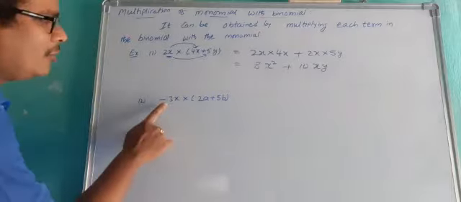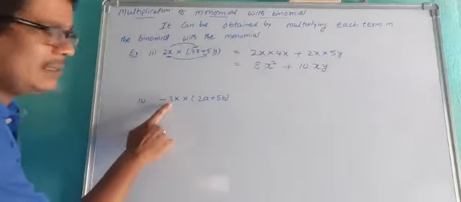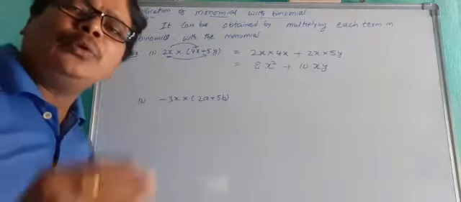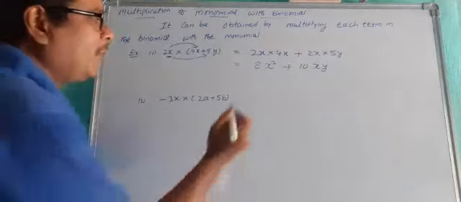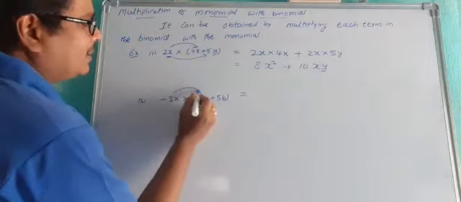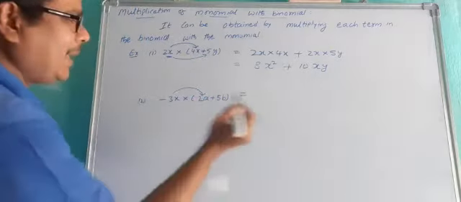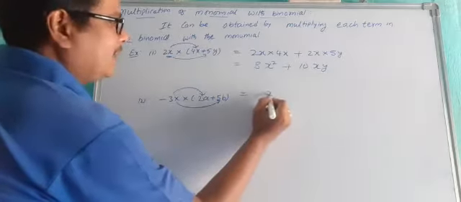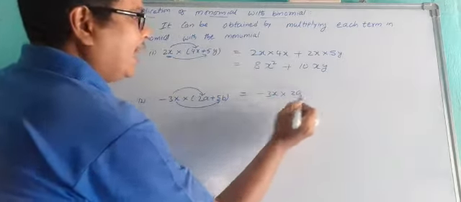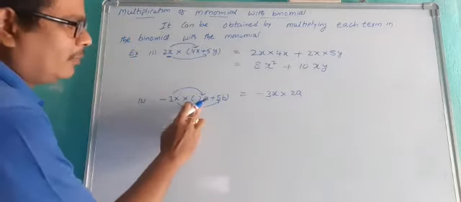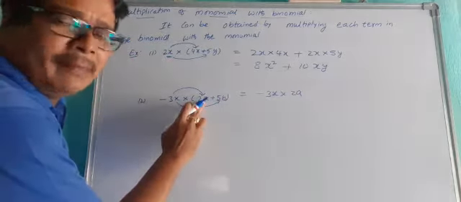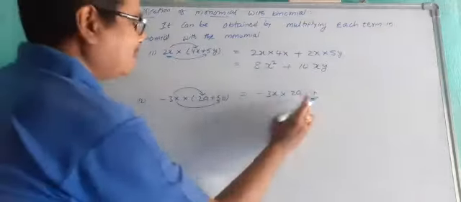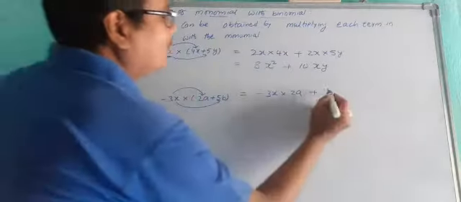Now we have to multiply the same way. This is the monomial minus 3x into binomial 2a plus 5b. How to multiply it? Minus 3x into 2a plus minus 3x into 5b.